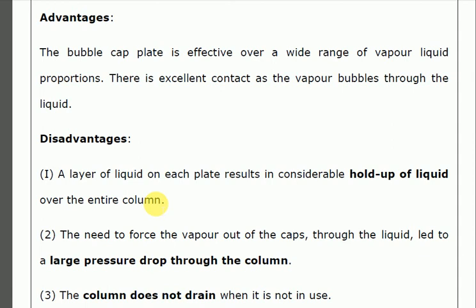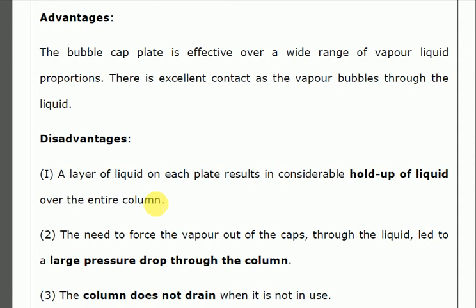Another disadvantage is the need to force the vapor out of the cap. The pressure is required, and because of that, passing through the liquid leads to a large pressure drop through the column.